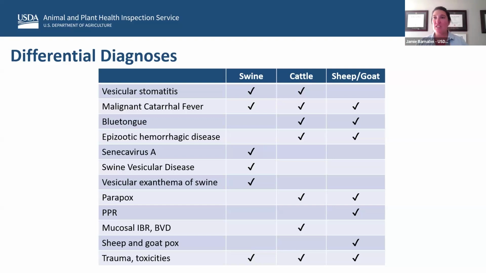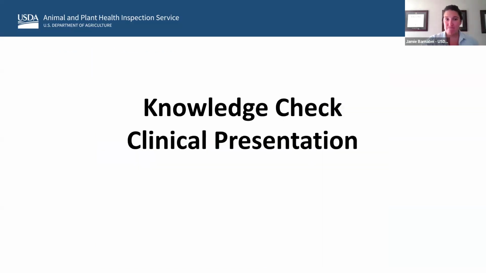Swine vesicular disease, vesicular exanthema of swine, your parapox viruses, PPR. You guys are going to hear about PPR later this week. Mucosal disease, IBR, BVD, sheep and goat pox. And then outside of those infectious causes, don't forget to keep in mind any trauma or potential toxicity. That's all we're going to go through with this list today because you're going to get it in detail tomorrow. And it is time for another knowledge check.